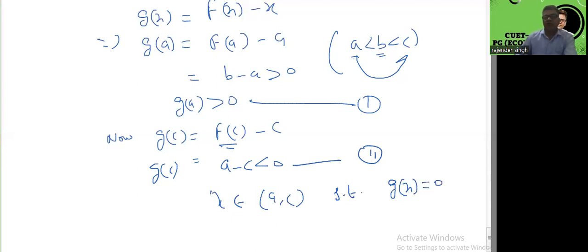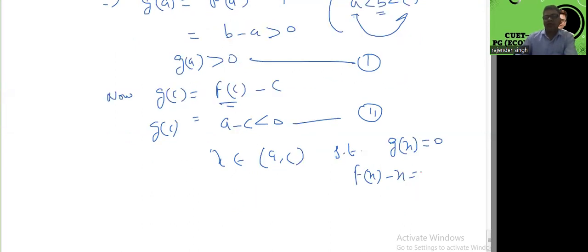And now what is g of x? g of x means f of x minus x. How I said that? Because here we define a function g of x equal to f of x minus x, right? So we can write f of x minus x equal to 0. This implies f of x equal to x, right?